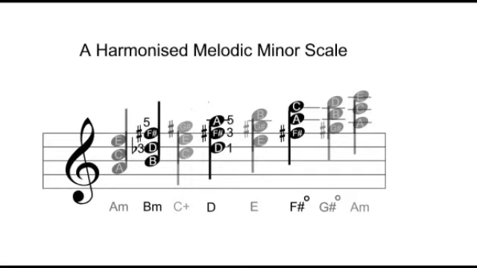When harmonised, this scale keeps the chords from the harmonic minor scale for the 1st, 3rd, 5th and 7th degrees. But it provides us with a B minor instead of B diminished for the 2nd chord, a D major for the 4th chord, and an F sharp diminished for the 6th chord.